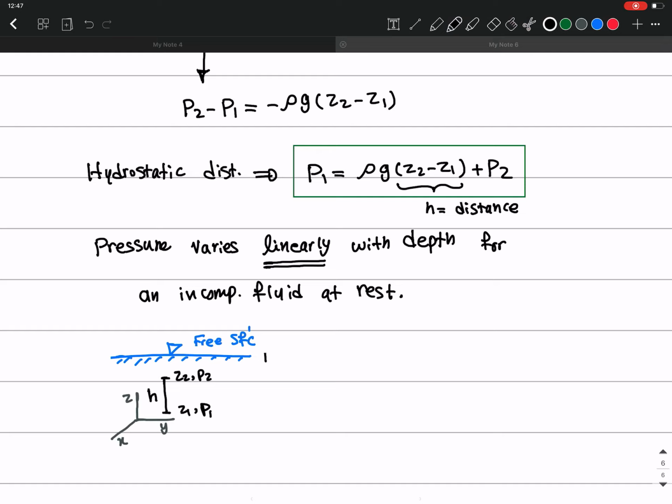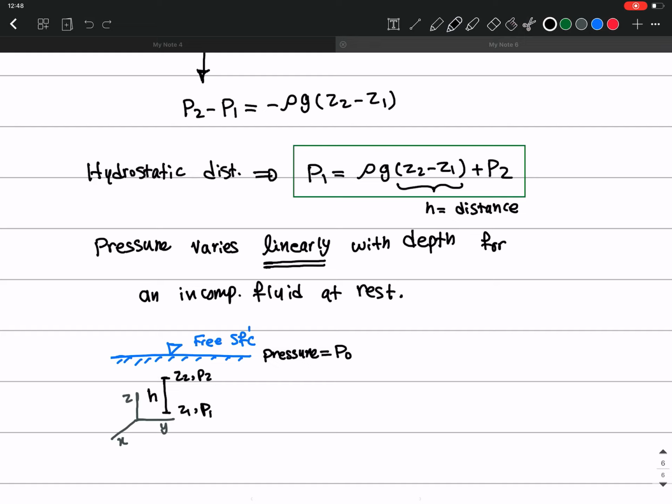And then the pressure at the surface is what we call P naught, the atmospheric pressure. That is what we learned in the first lecture, right? Because if you are at the free surface of water, there is no fluid above, it's just the atmosphere, so you have just the atmospheric pressure.